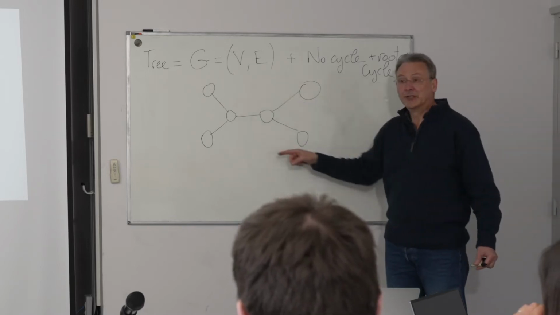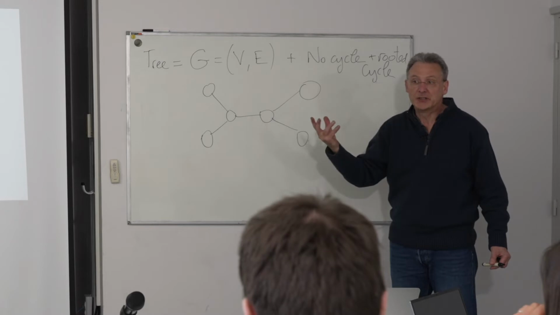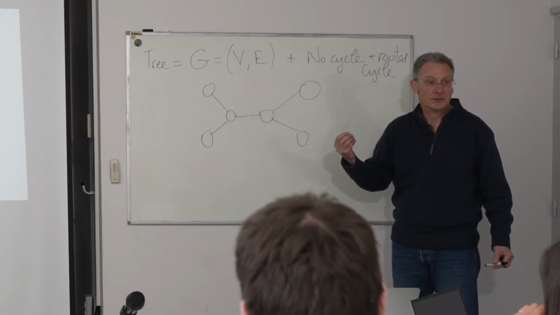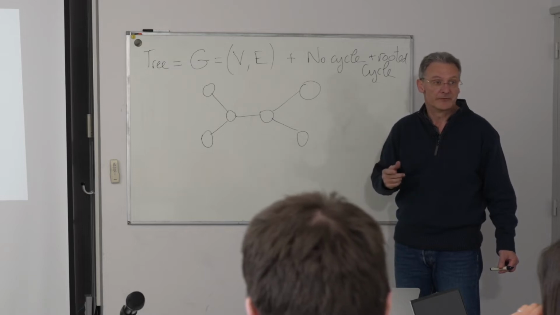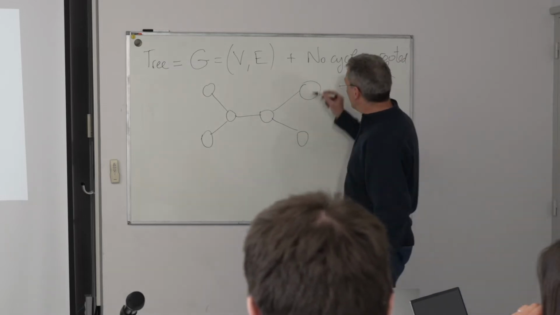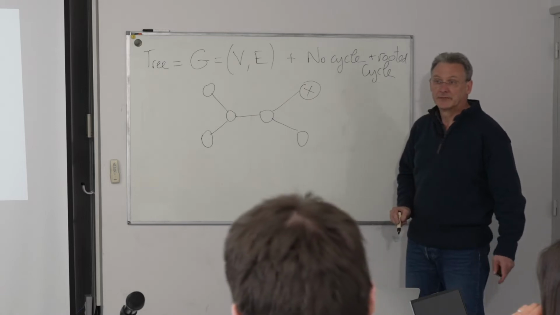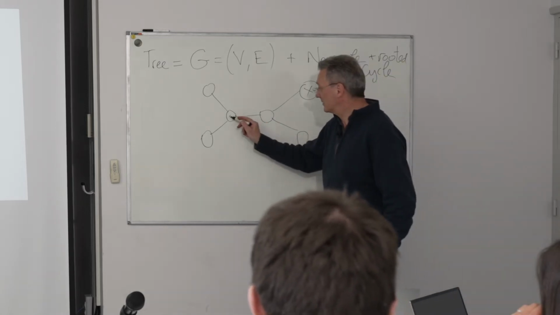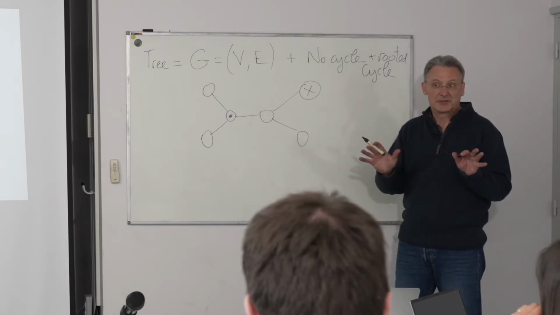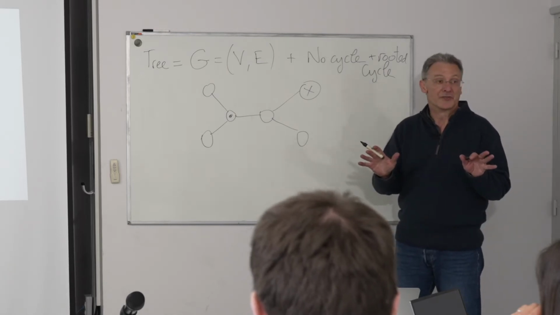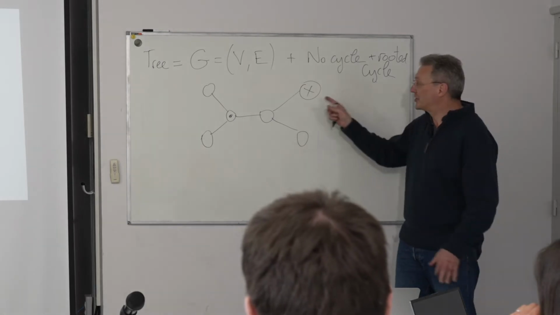Where would be the root here? Where would be the origin of this tree? The first element. Well, if I don't give it to you, you don't know. Could be here. But it could be here as well. Each time, it doesn't change the fact that there is no cycle, but it changes the origin.